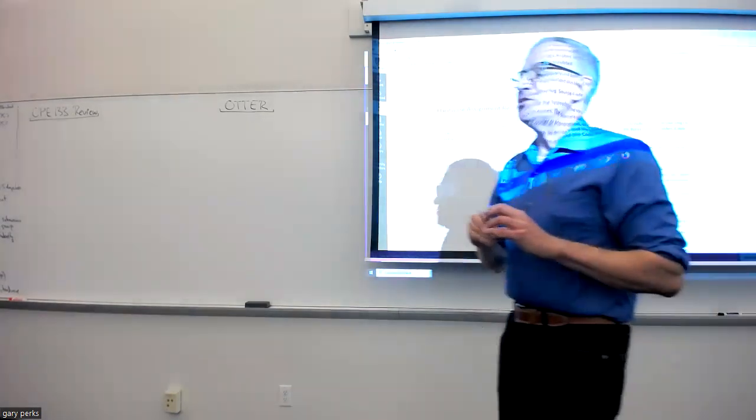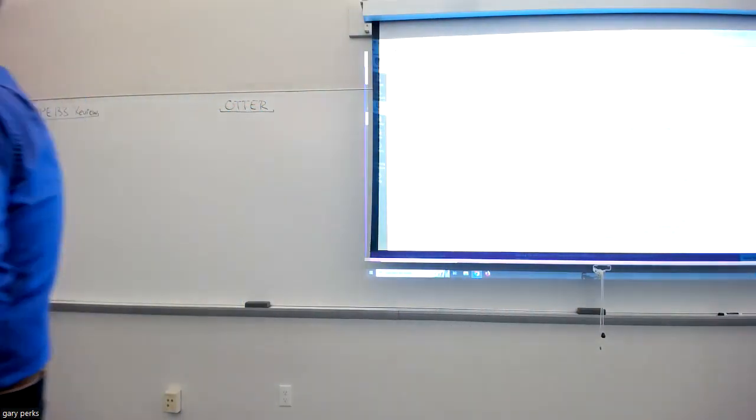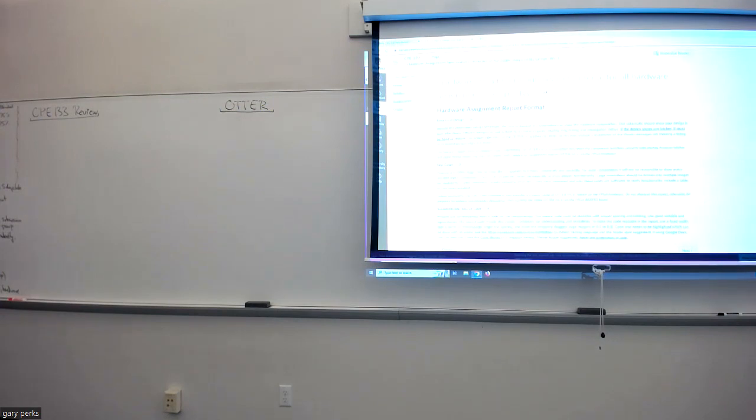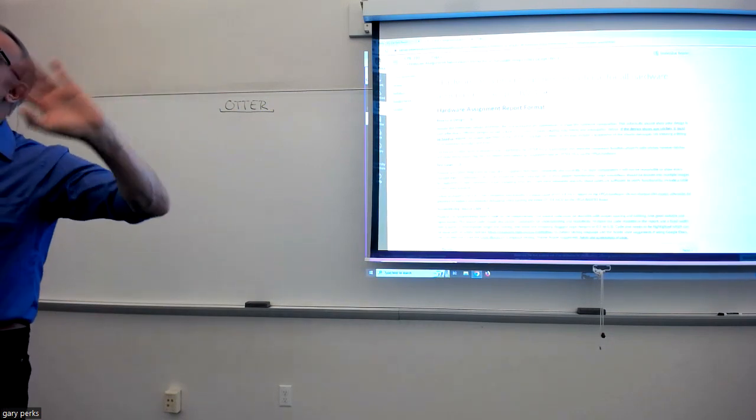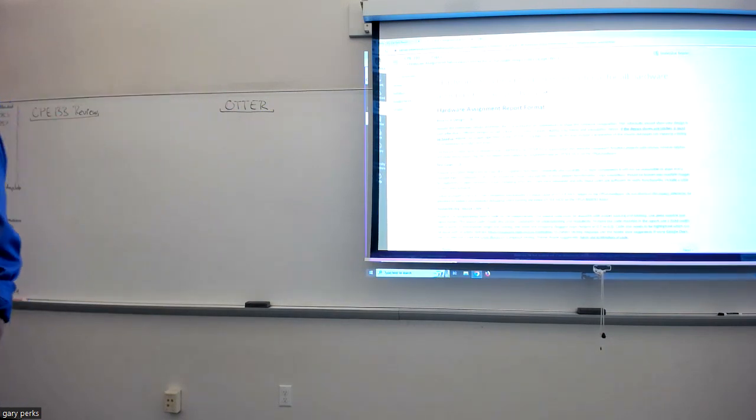Now, what's really important, and I'm going to be saying this throughout the quarter, but let me say it for the first time. What's really important in this class that you could have gotten away with in 133 is that first, you have to be very descriptive with your inputs and outputs.